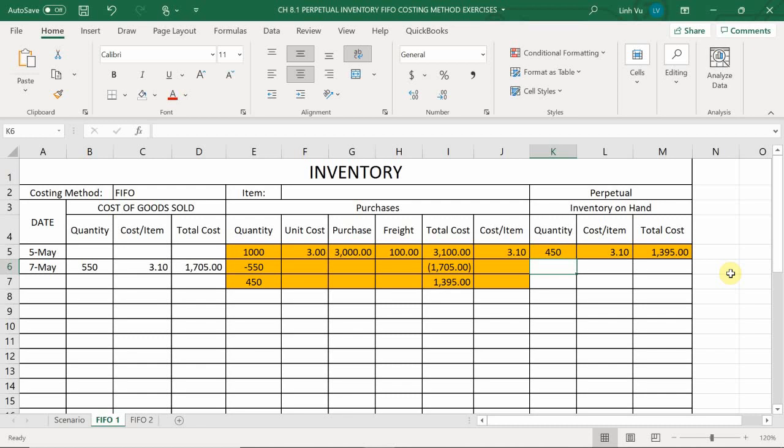You could always change that, yes. In your inventory on hand, do we still have that 1,000 items? No, we have 450. Exactly, I understand the numbers. I'm asking how we're supposed to write that. You're supposed to show that you sold 550.